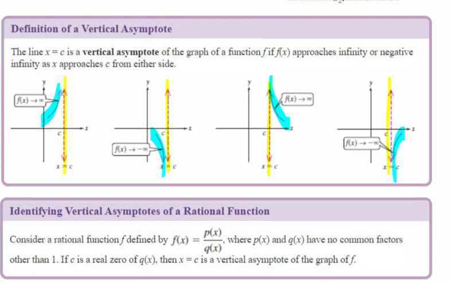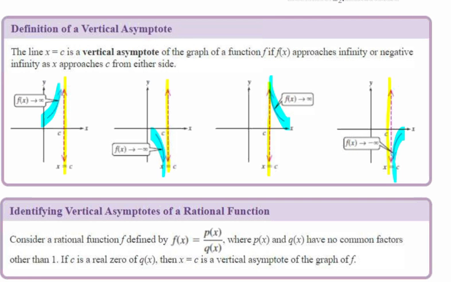You can have a function with no vertical asymptotes. You could have one vertical asymptote. You could have many vertical asymptotes. To locate the vertical asymptote of a function, you have to determine the real numbers x where the denominator is 0, but the numerator is non-zero.